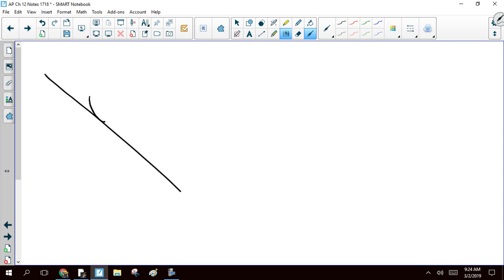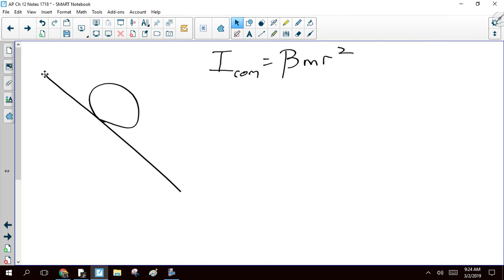Inclined plane. Rolling thing. I, about the center of mass of our thing, is still beta mr squared. Okay? But what I'm going to do this time is, instead of doing my net torque around the center of mass, I'm going to do my net torque about my contact point. Okay? So what does that mean?